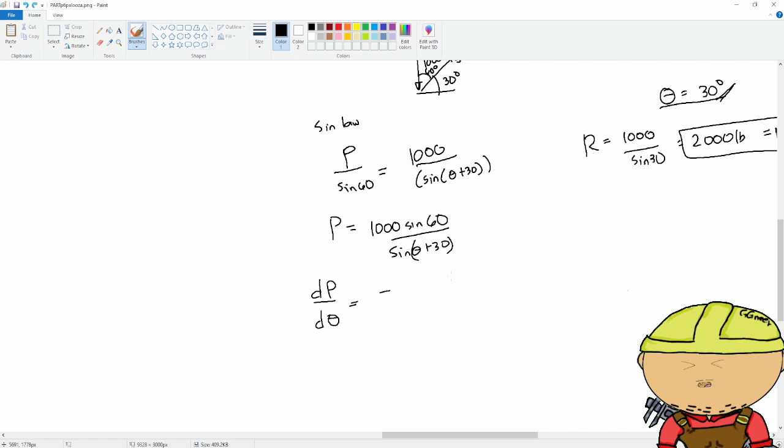How about I just let U equal sine of theta plus 30 degrees, and du will be cosine of theta plus 30 degrees d theta. The differential of 30 will be 0 because it's a constant. So, wait.